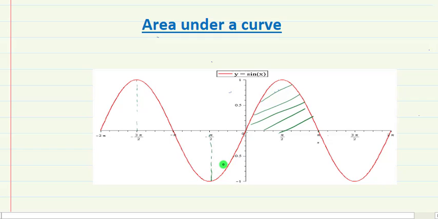Now the third thing we need to observe is whether the area we are going to find is lying on the left-hand side of the y-axis or the right-hand side of the y-axis. These areas from 0 to 2 pi are lying on the right-hand side of the y-axis, and these areas from 0 to minus 2 pi are lying on the left side of the y-axis.